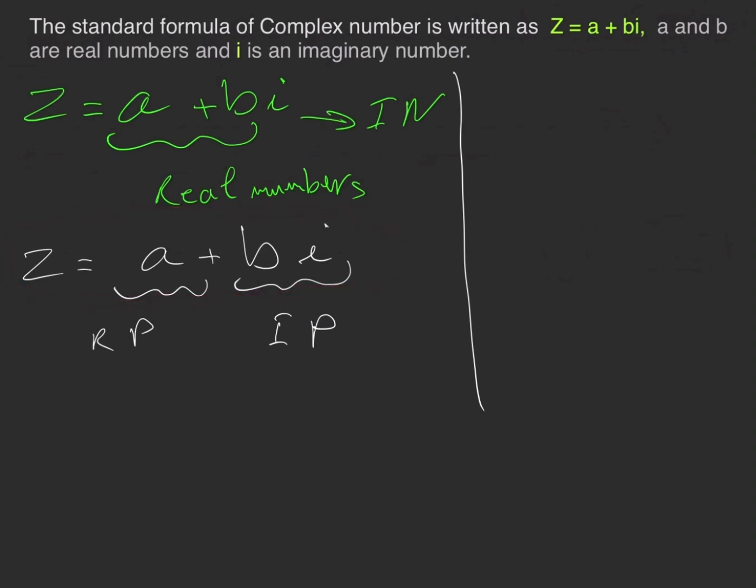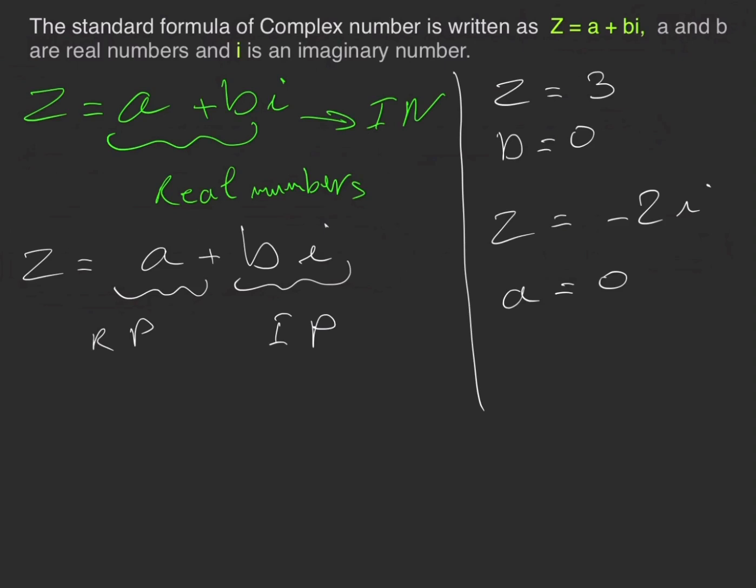Sometimes you might find it like this. For example, z is equal to 3. It's still a complex number, but just b is equal to 0. Or sometimes you find z is equal to minus 2i. It's still a complex number, just a is equal to 0.